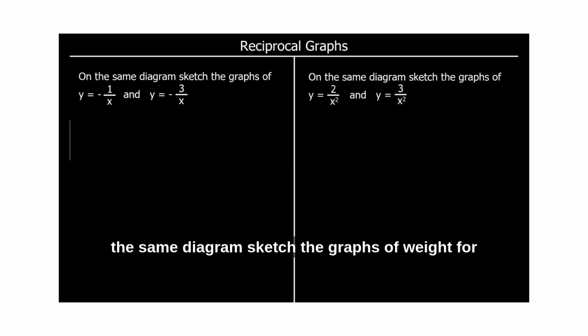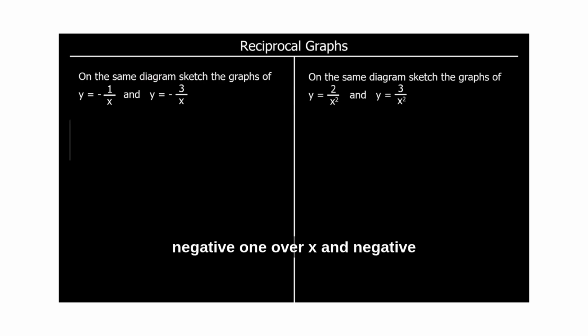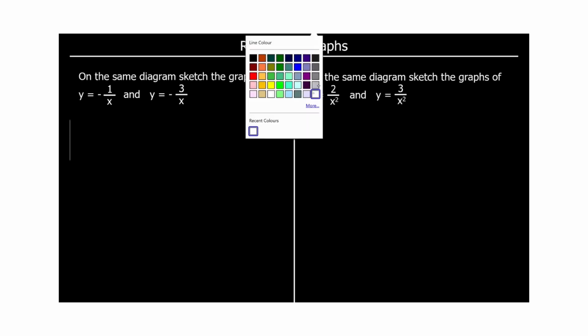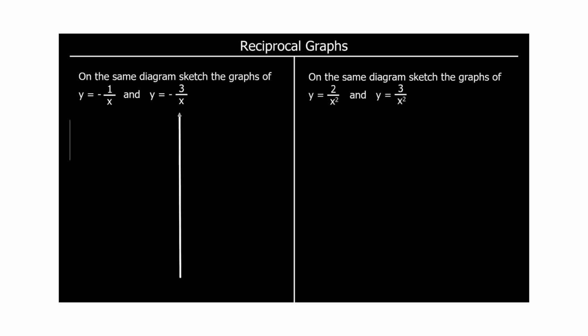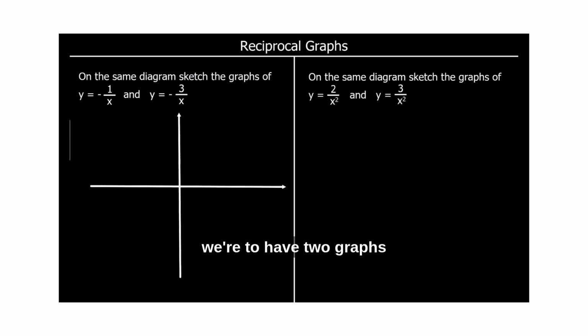On the same diagram, sketch the graphs of y equals negative 1 over x and negative 3 over x. So we're going to have two graphs. One's going to be just above the other graph.